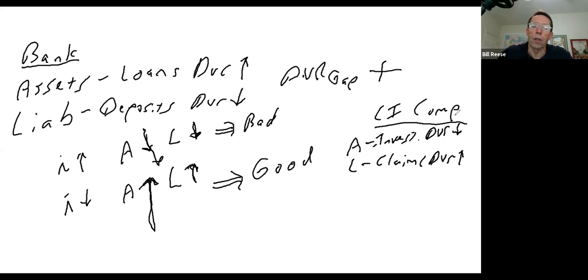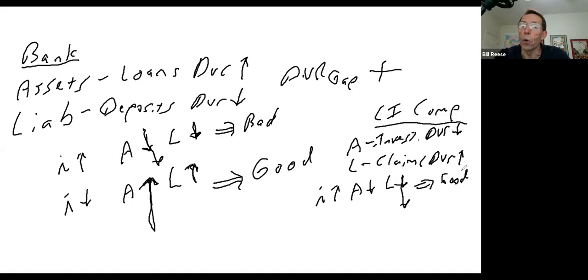So as a result, for the life insurance company, if interest rates go up, the value of its assets is going to go down and the value of its liabilities is going to go down. But because the liabilities have a higher duration, the liabilities will go down by more than the assets do. That is therefore good for the life insurance company.